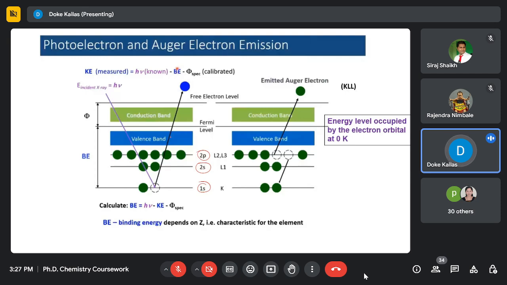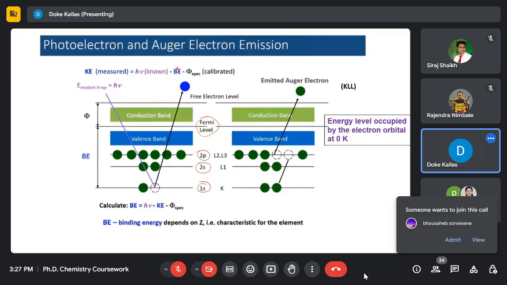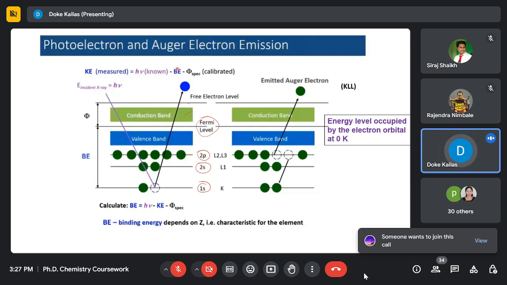Next is the conduction band, and next is the free electron level. So when X-ray radiation having energy h nu by Planck's equation is incident on any surface material, it is sufficient to eject the electron from the core shell. So the core shell electron is ejected from the system and travels towards the detector or analyzer.